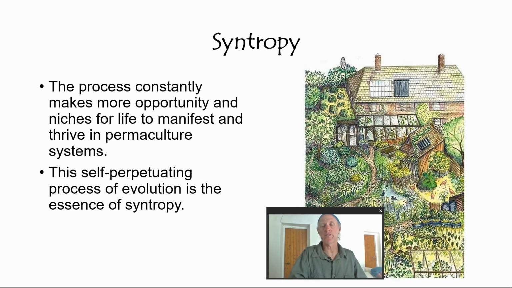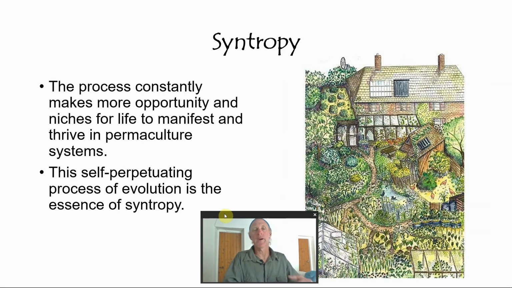And so, in essence, what we are looking at here is the mechanism of syntropy. Because this process, through the application of this principle of integrate, don't segregate, of value and use diversity, of apply self-regulation and accept feedback, of pattern to detail, of observe and interact, results in higher levels of efficiency, which brings about more opportunity and more niches for life to manifest and thrive in permaculture systems.